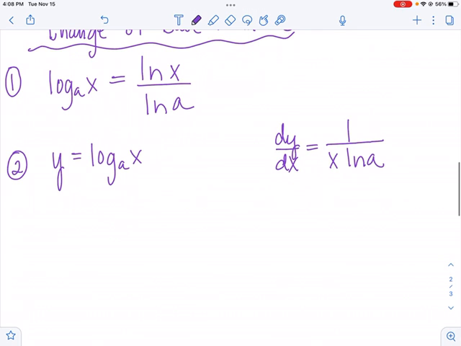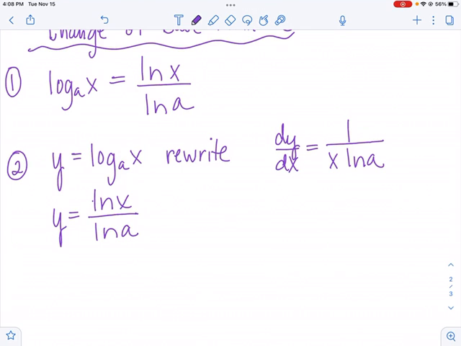So we could rewrite this as y is equal to ln of x over ln of a, and then take the derivative of that. But before we do, how about one more rewrite like this: 1 over ln of a.